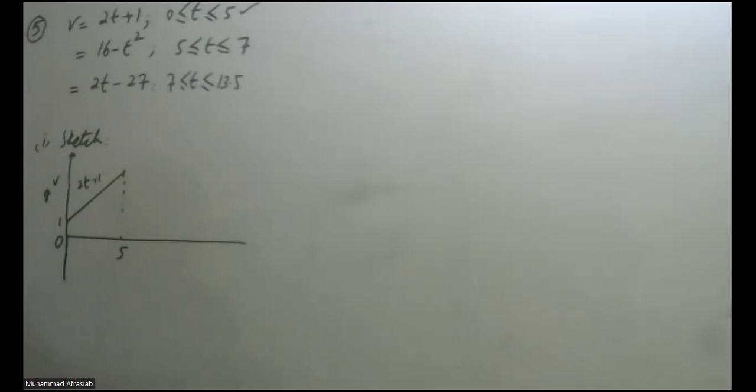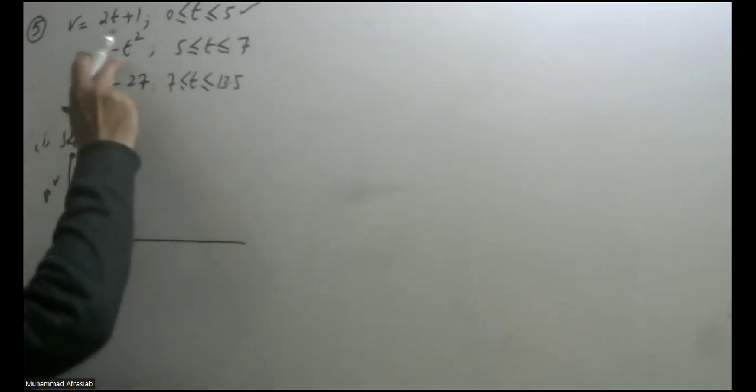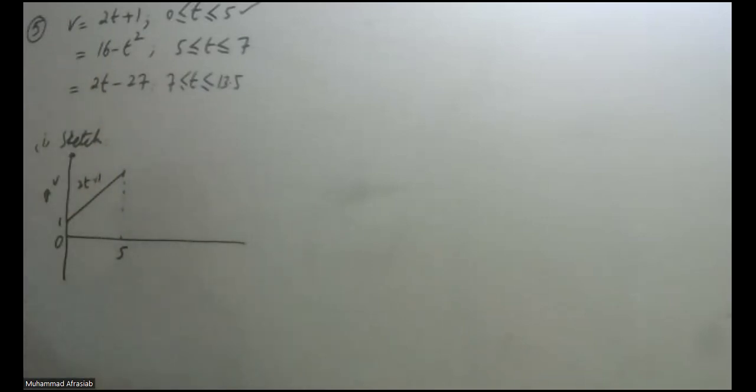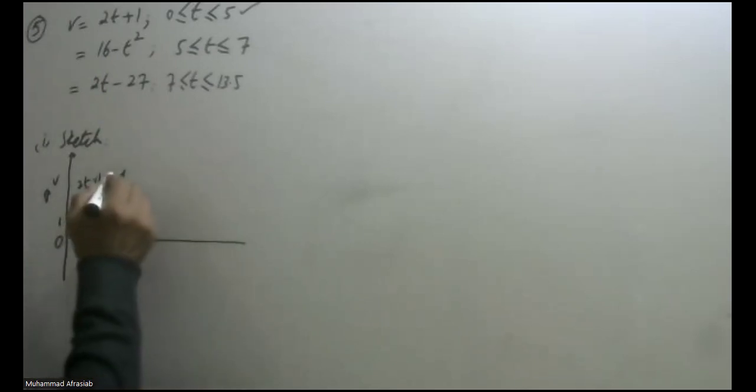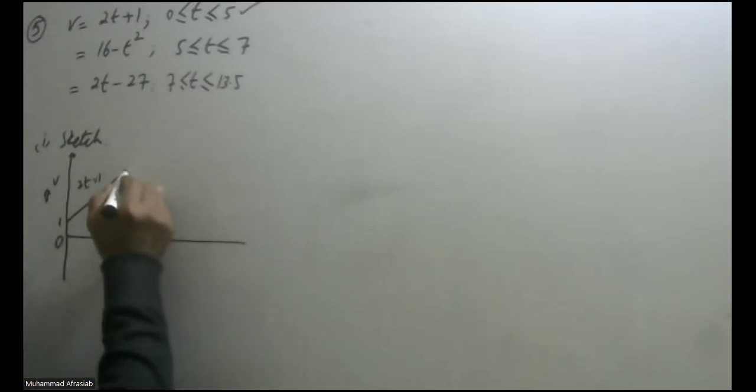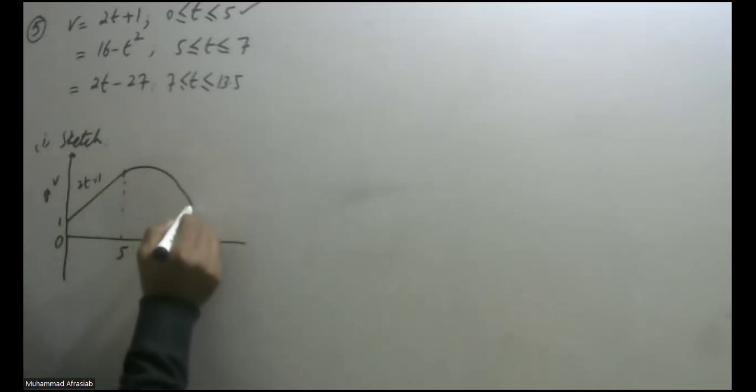Then from 5 to 7, it is 36 minus t squared, which is a quadratic equation. And we know that the coefficient of t squared is negative, so it is a maxima shape, a graph like this.